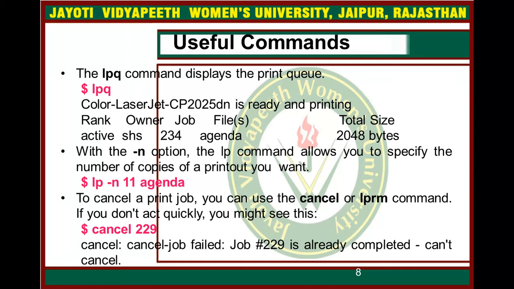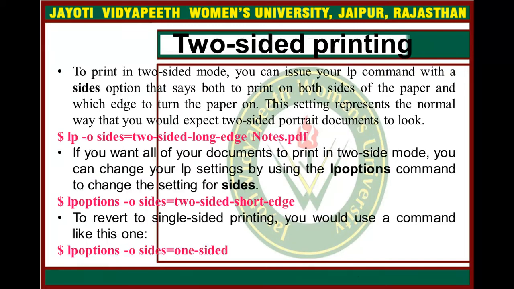Cancel job failed means this is some automatically generated message, so here you can't cancel, because the job has already completed. Sometimes you see this in your browsers when your session has expired. You have to take quick decisions and act quickly, otherwise it is already completed, as you have seen here.